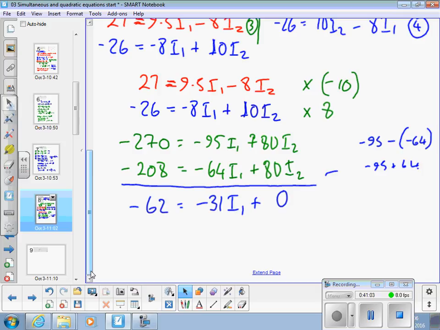So minus 62 is equal to minus 31 I1. That rearranges to I1 is equal to minus 62 over minus 31 equals 2 amps.